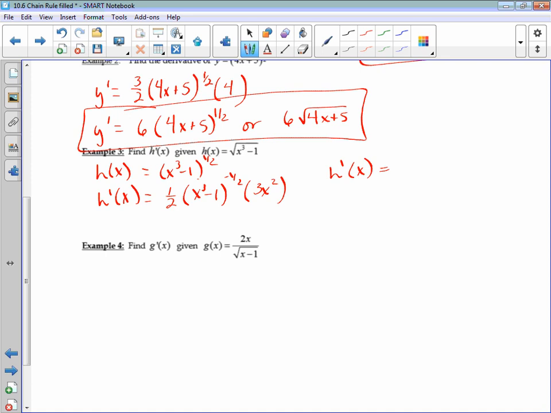So in your numerator you'd have 3x squared, and then over 2 times either the square root of x cubed minus 1 or x cubed minus 1 to the 1/2. Don't do that, just leave it as a fraction. Okay? And everybody's good with no negative exponents, like we understand. Don't leave it as x to the negative 1/2.